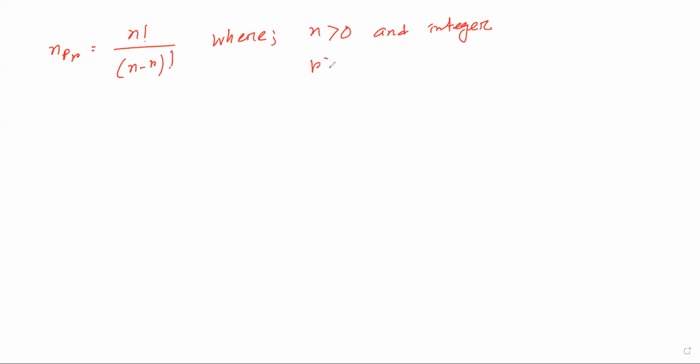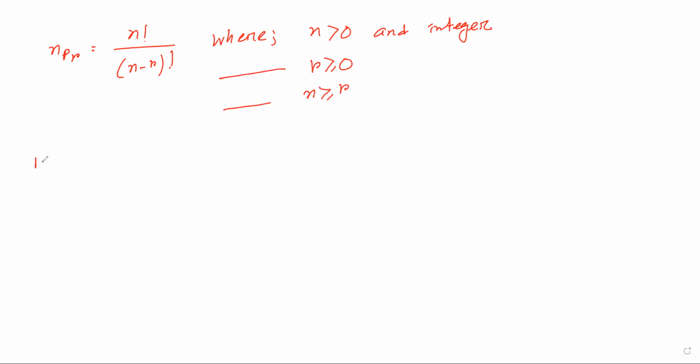Let me say it in short: nPr equals n factorial over n minus r factorial, where n is greater than 0 and an integer, and r is greater than or equal to 0, and n is greater than or equal to r. So these are the things I have written down as well.